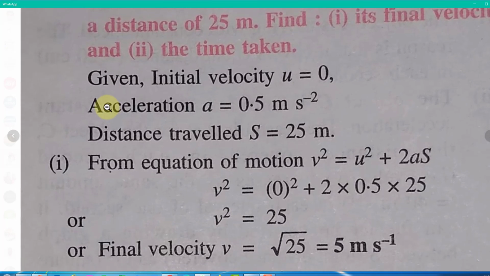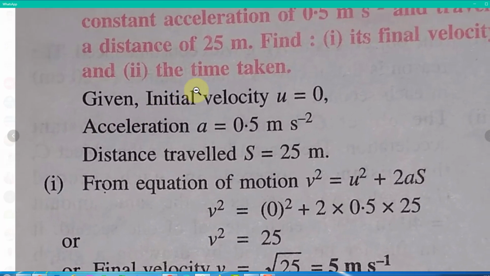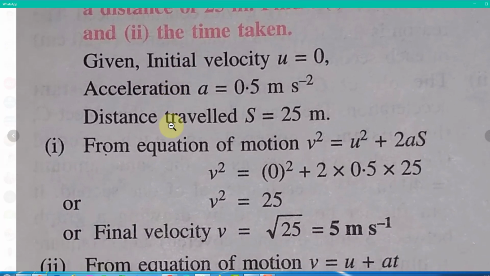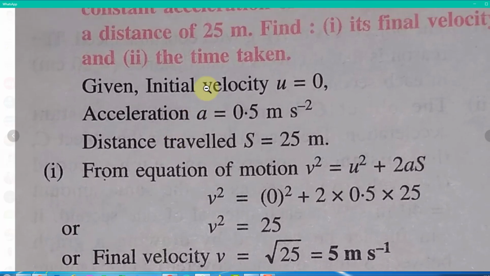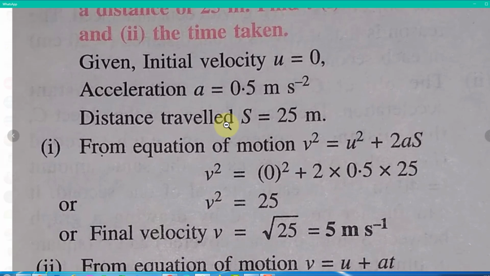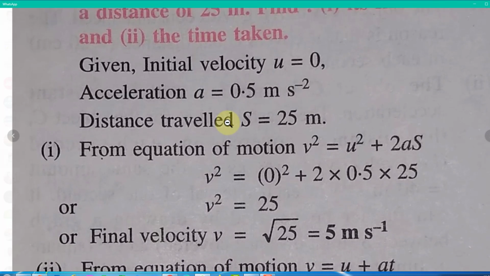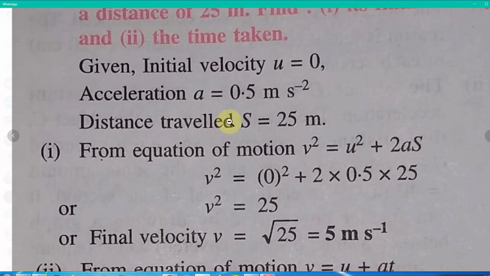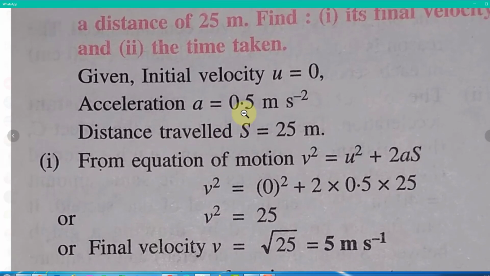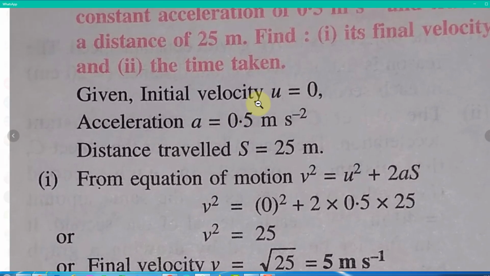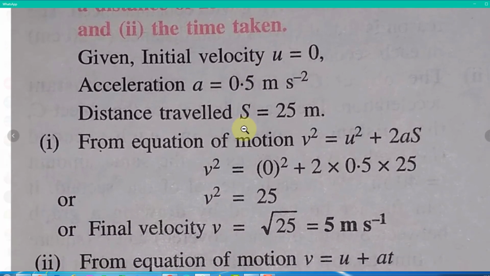After writing these three things given in the question, based on these three things, which equation can you apply? You have to find V. U is given, A is given, S is given.